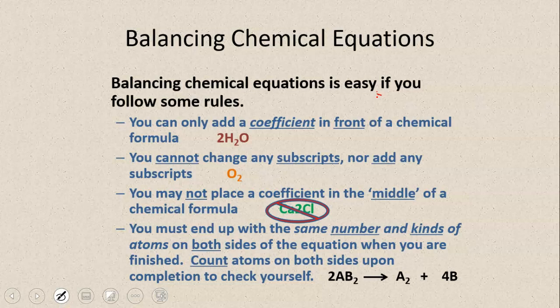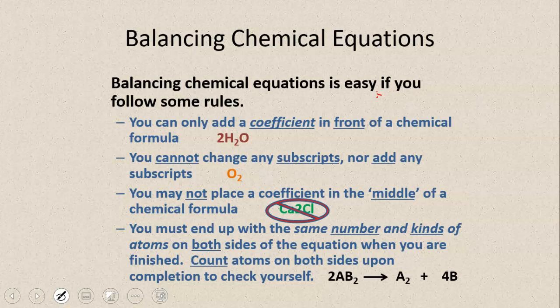That means that the only thing that you can change, if you can't change the formula, are the coefficients, or the big numbers that are in front of the molecules that tell us how many molecules of that particular substance actually took place or were actually a part of that chemical reaction.